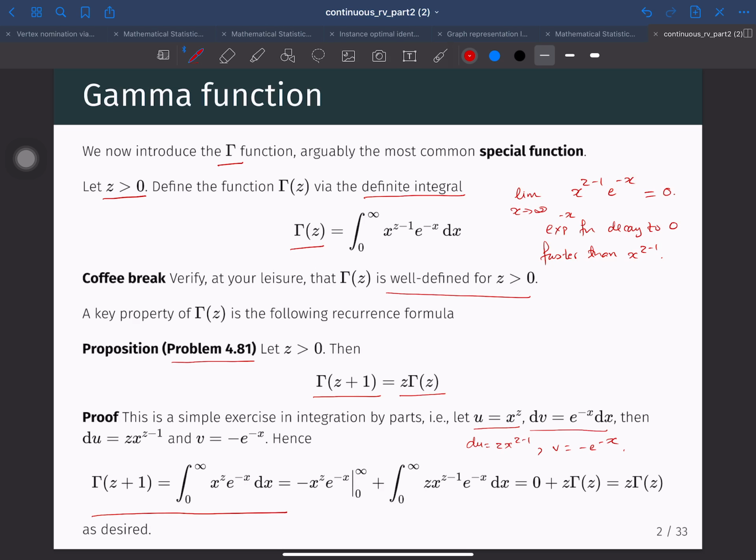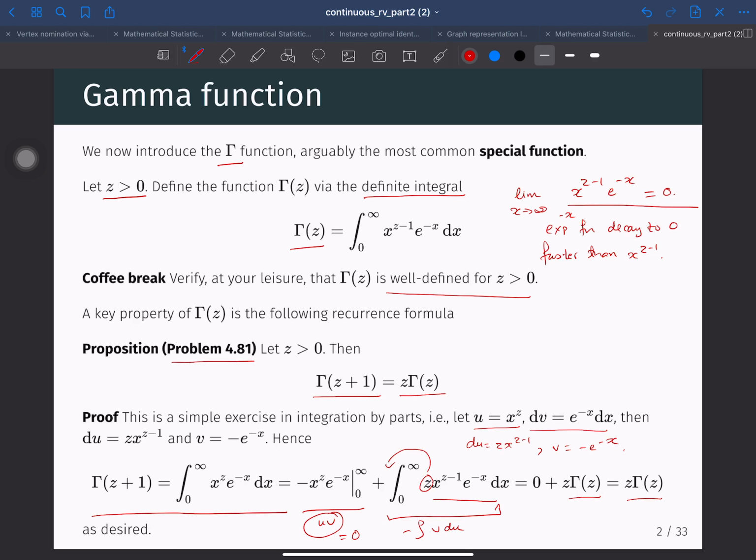So therefore, you have this term uv, and then this term is minus the integral of v du. So the nice thing is that for uv, you can use the same property here, that it decays to 0 fast, to show that this term will have to be 0. And then in this term, you have the z here, which you can move outside, in which case what you have remaining is the integrand for gamma z. So therefore, you have z gamma z.